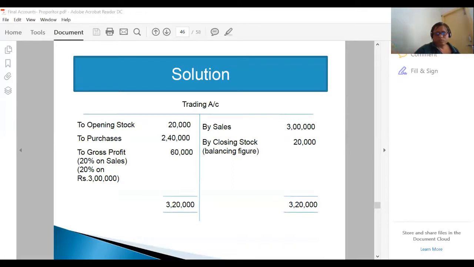Or we will take like this. This is opening stock, purchases, gross profit we calculated like this, 20% on sales, and then sales is given. So this is a balancing figure.